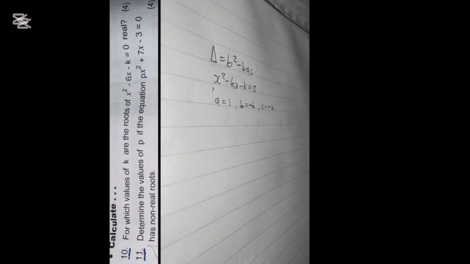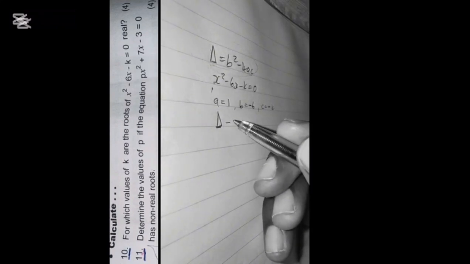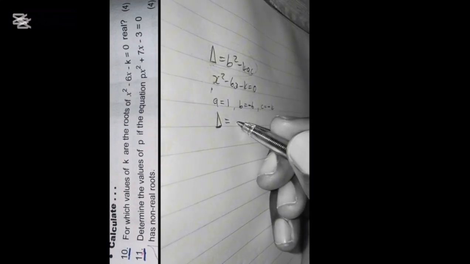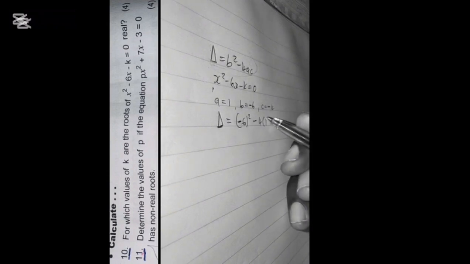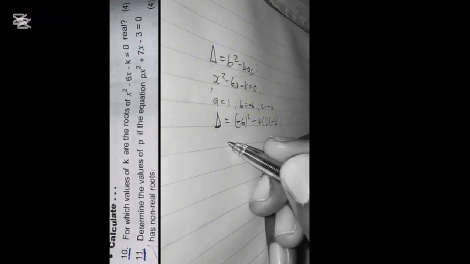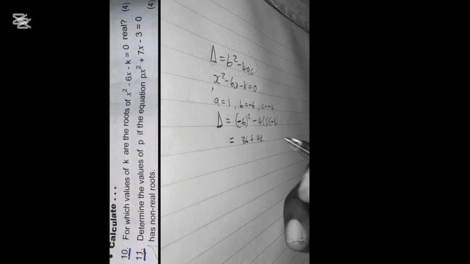So now let's find our discriminant. The discriminant will be equal to negative 6 squared minus 4 multiplied by 1 multiplied by negative k. From there we'll have 36 plus 4k. So this is our first step.